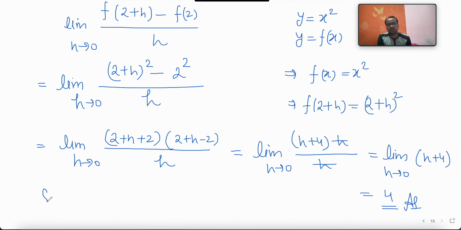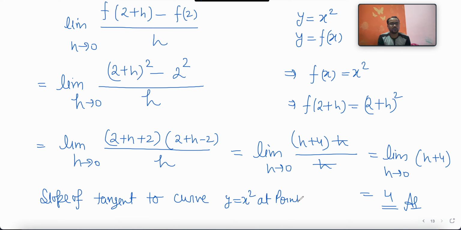That means the slope of the tangent to the curve y equal to x square at the point 2, 4 is equal to 4. It means if you draw it graphically, you know y equal to x square graph is what? It's an upward opening parabola.